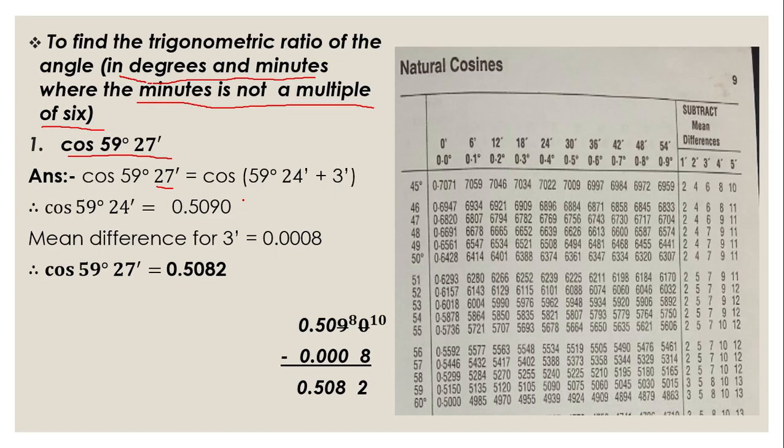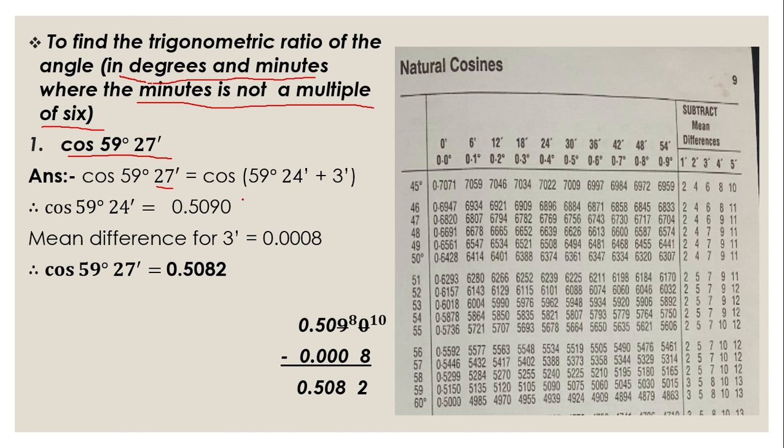So cos 59 degree 27 minute is equal to cos 59 degree 24 minute plus 3 minute.